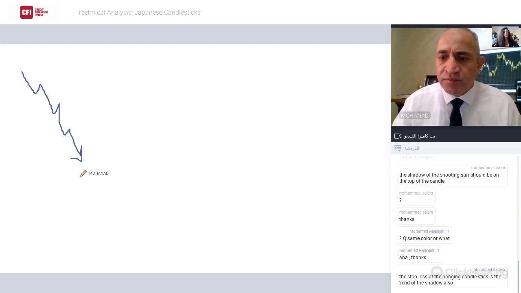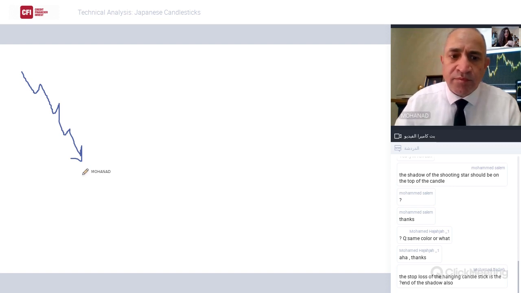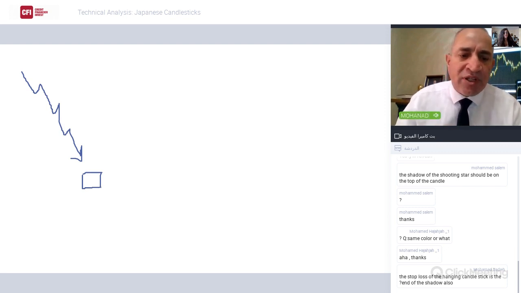Then we see a shape like the one you just drew, the opposite of the shooting star. At the end of a down trend line, I expect to see two types of reversal single candlestick pattern. The first one is the hammer.